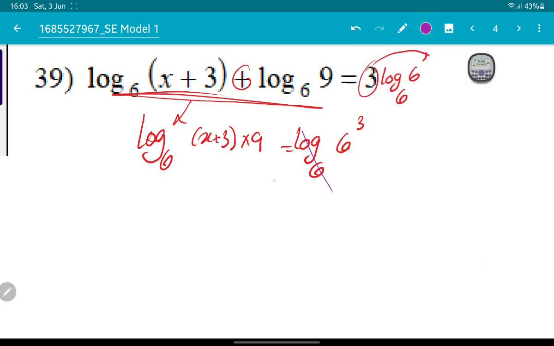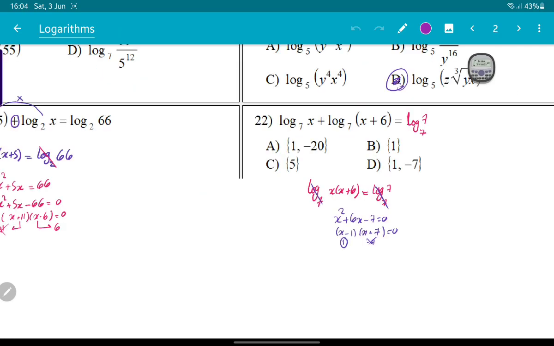Now we have log base 6 on both sides. We can cancel them. Expand this, 9x plus 27 equals 116. We can move this and solve. But I need you to remember the first note: we need one log on the left side and one log on the right side.